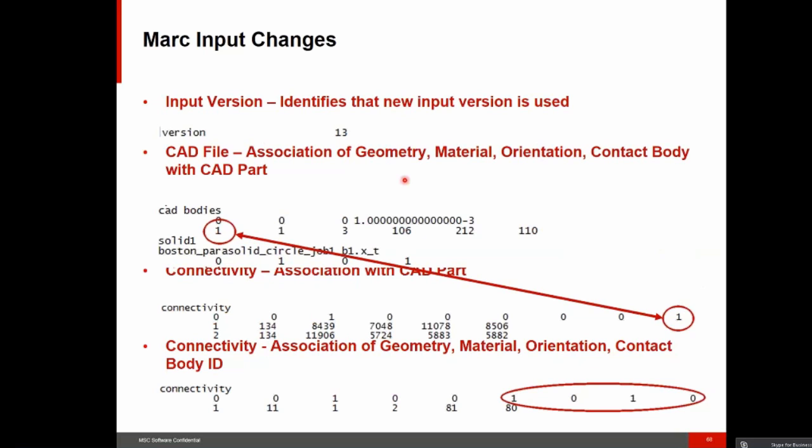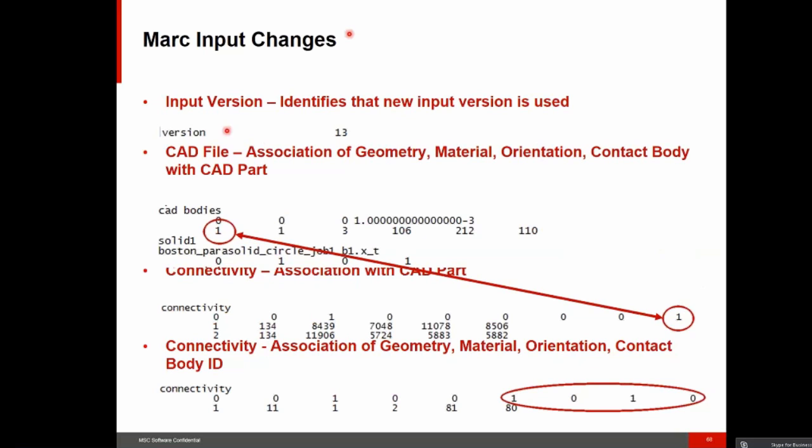Finally, these changes really require changes to the Marc input. All of your existing Marc input decks still work. So if you're using Patran, it would have either had no input version or input version 12 or 11, in which case you'll get the old style Marc input.